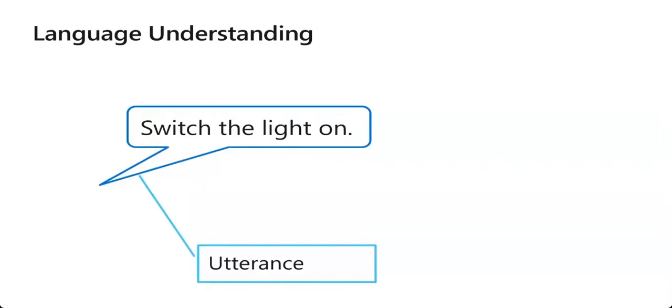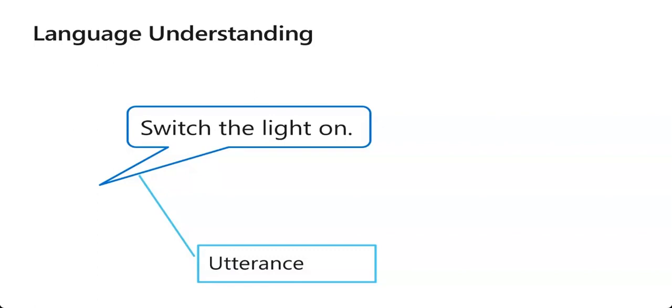And in language understanding, there are 3 things that you have to remember: utterances, entities, and intents. Utterances are phrases that a user might say. Switch the light on, turn the fan off, turn the fan on, turn the heater off, etc.